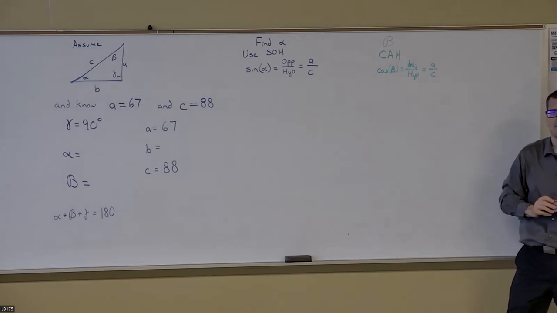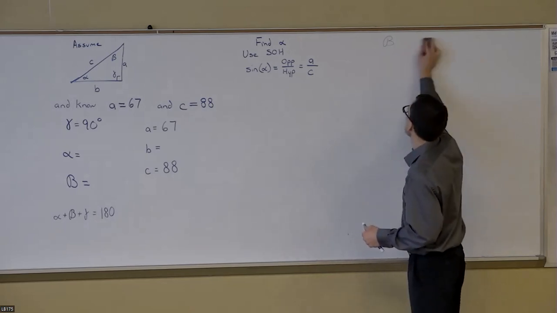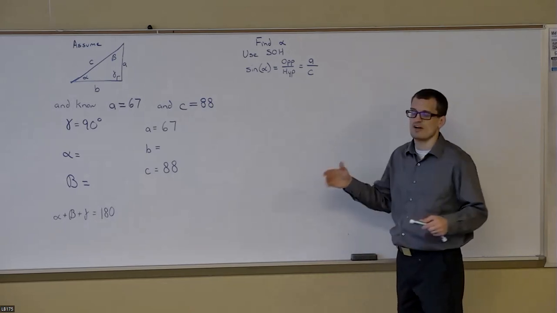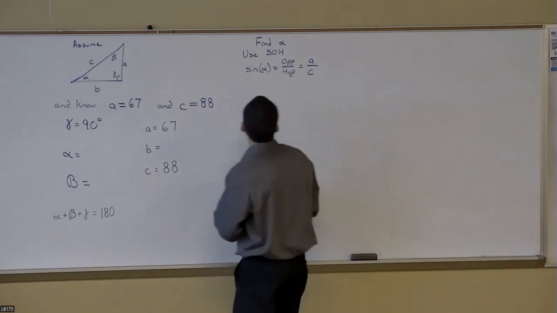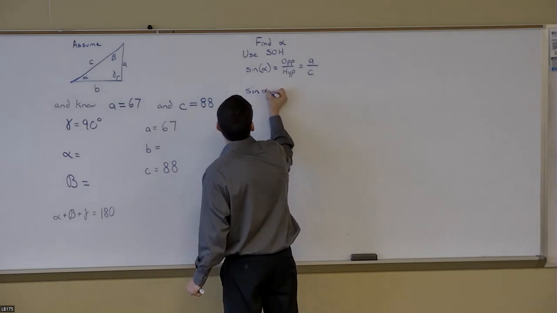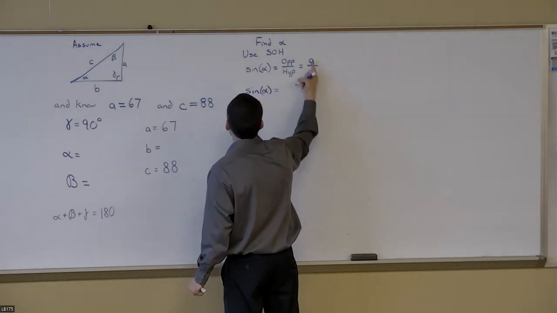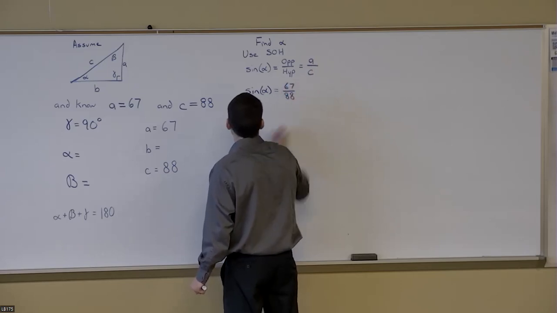Everybody get that? So I would have done that if I wanted to do it from beta. I don't know what alpha is, but I do know what a and c are. a is 67, c is 88.